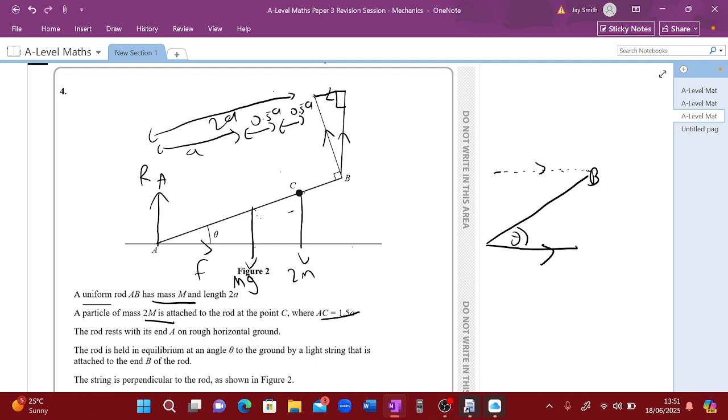That means this angle has to be theta. That will correspond, if we draw it like that, to this angle here being theta. But then that would mean, because these two angles combined add up to 90, because we've got the right angle here, this will be 90 minus theta. Okay.